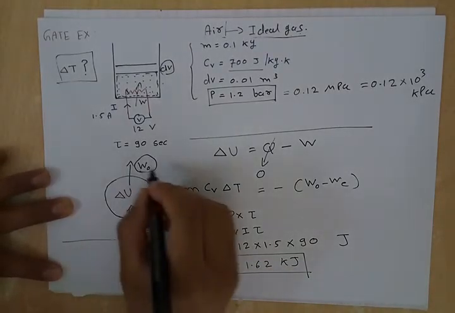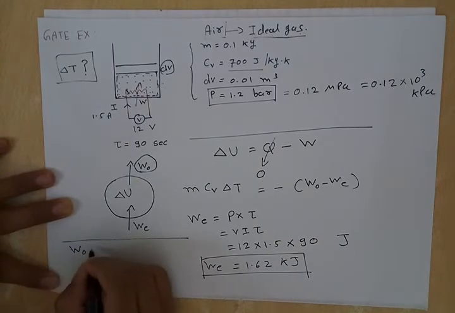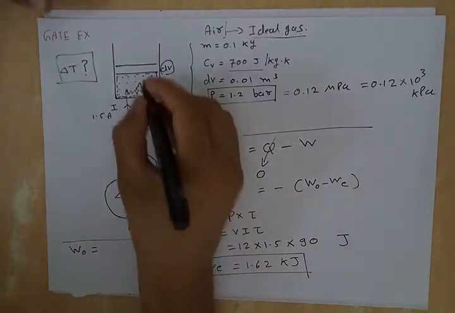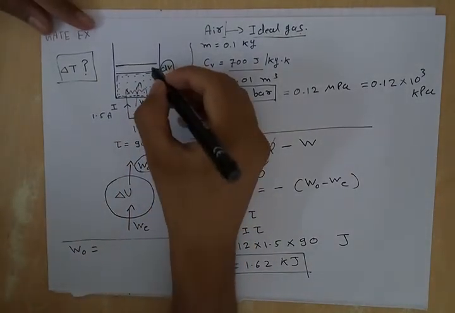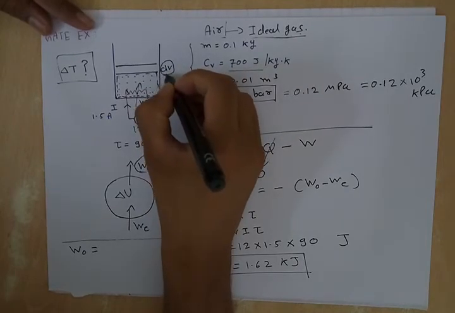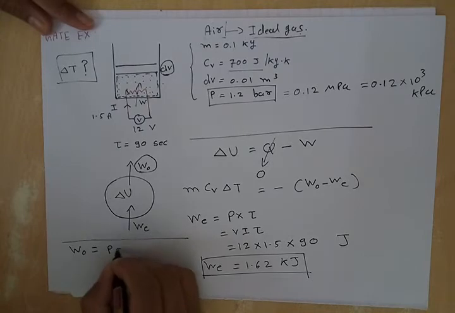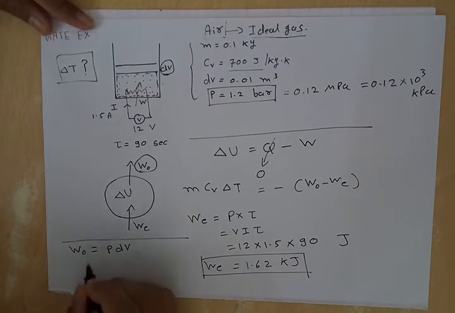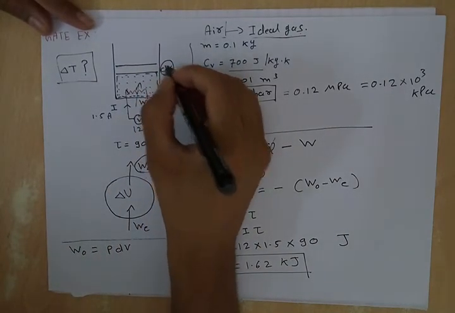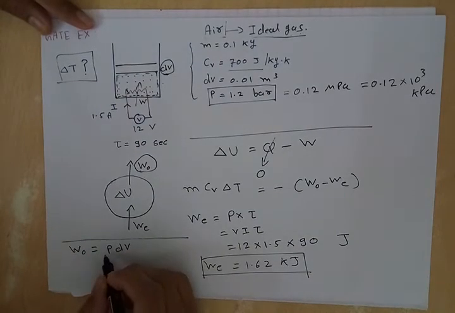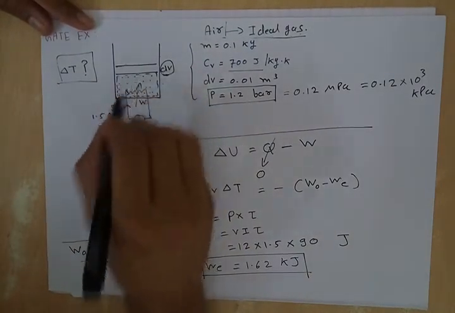Now we will find the output work. Here the piston is displacing by a very small amount. So output work will be PdV. And for a very small displacement, we can assume pressure will remain constant inside the system.